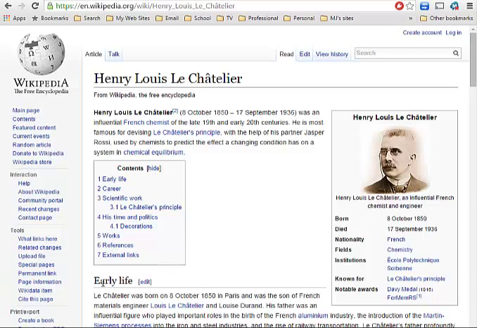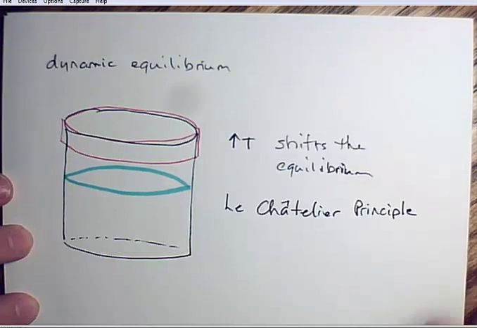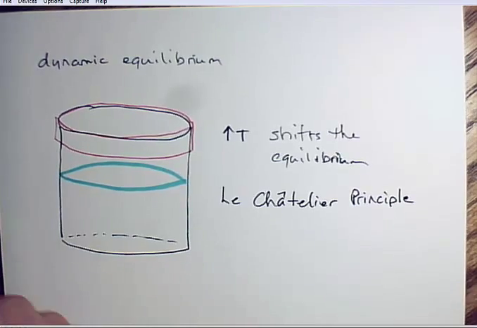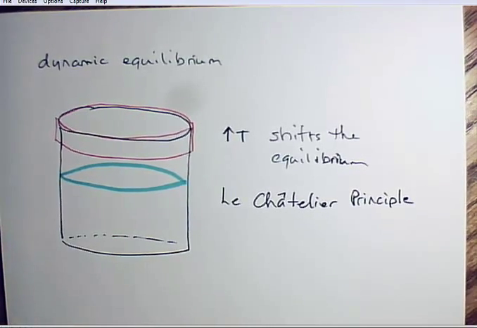Okay, and so the way that he would have described it might be a little bit confusing to you guys. What he described is that when you have a dynamic equilibrium and you do something to change the conditions for that equilibrium, then the dynamic equilibrium point, the point of balance between whatever two parts there are, will establish a new equilibrium.